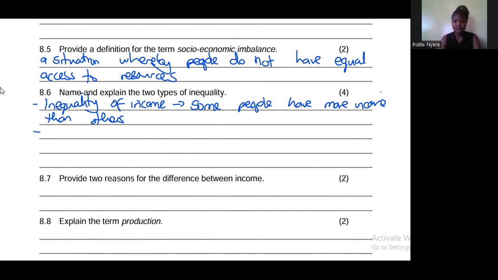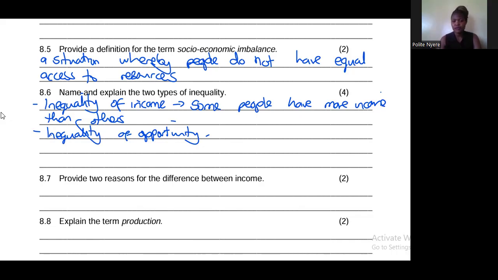The next type of inequality is inequality of opportunity. When we're talking about inequality of opportunity, we're talking about some people having more chances than other people have.